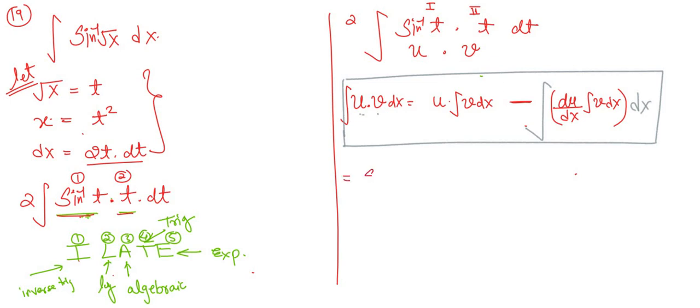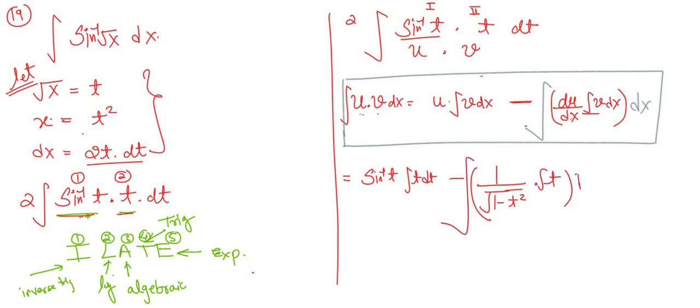So u means sine inverse as it is, integration of v, minus derivative of first. So what is the derivative of this? 1 by root of 1 minus t square, the derivative of sine inverse, into integration of t, integration of the whole.